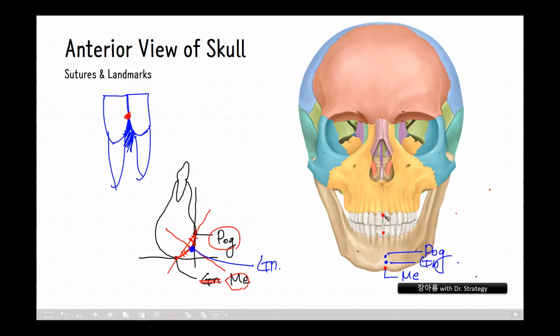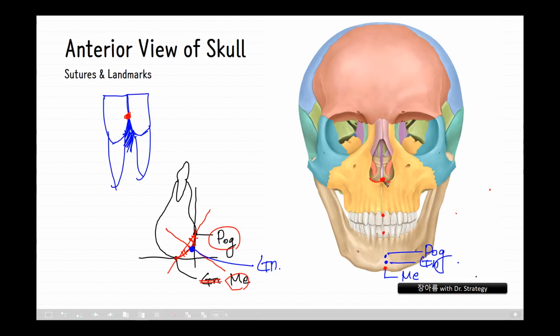And the nasospinale. Nasospinale is the point of intersection of a line uniting the lowest point of the margin of each nasal opening.